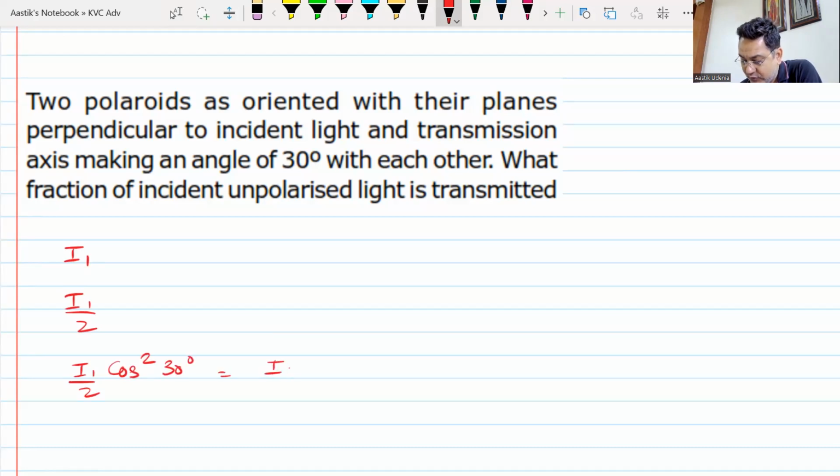So it will be equal to 3I1 by 8. That is the intensity that is passing. What fraction of the light is passing? It is very simple: the fraction of light that is going to pass will be 3 by 8. Does anyone understand this?